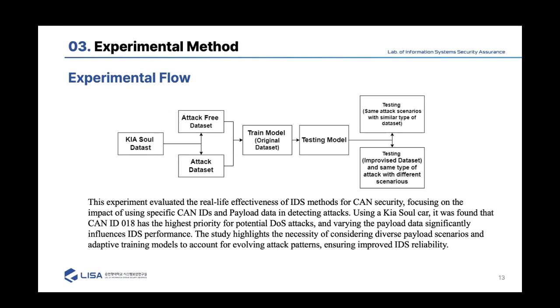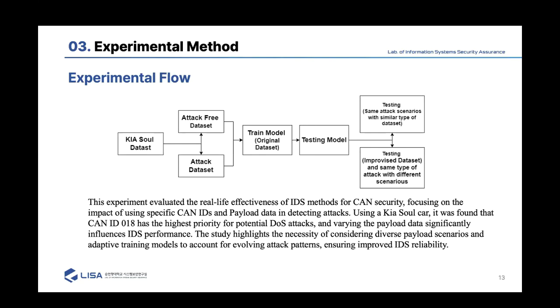In the experimental methodology, we will initially select the required datasets and consolidate them into a single dataset, which includes both attack-free data and attack data with labeling. Subsequently, the model will be trained using three feature extraction methods: CAN-ID, payload, and full data.